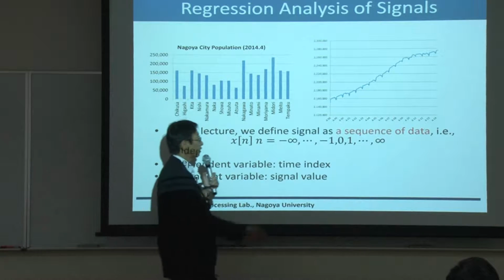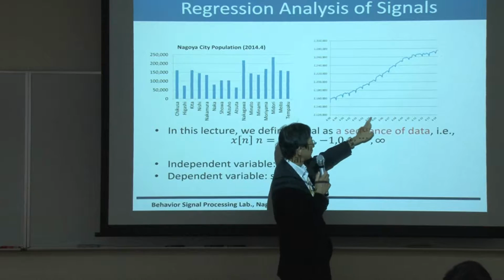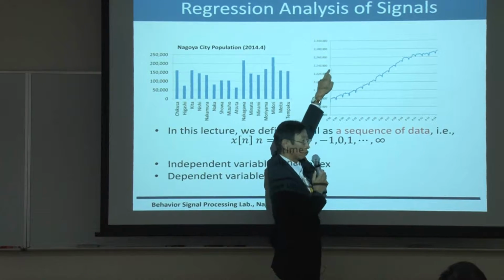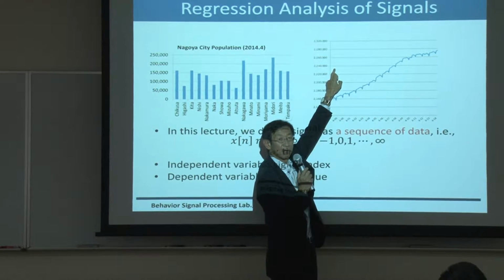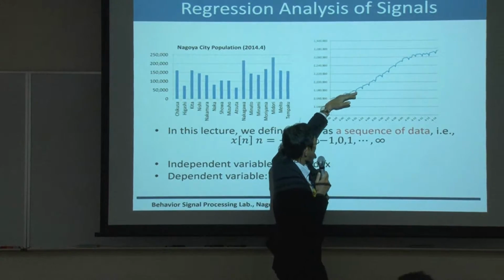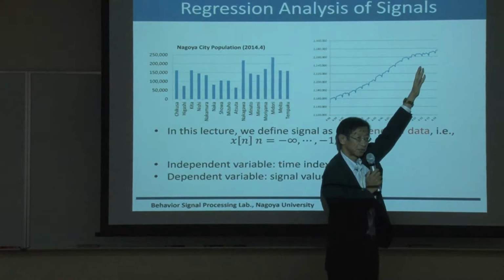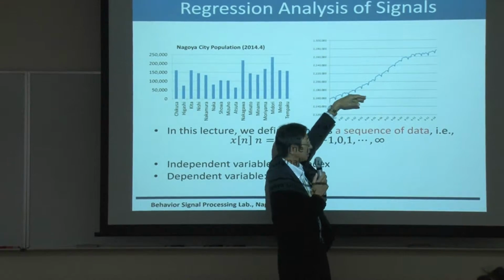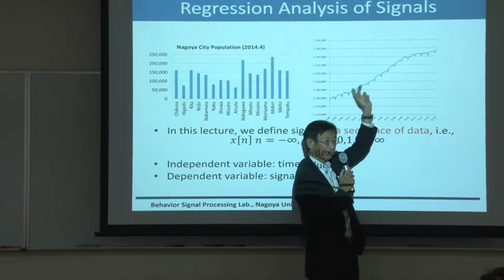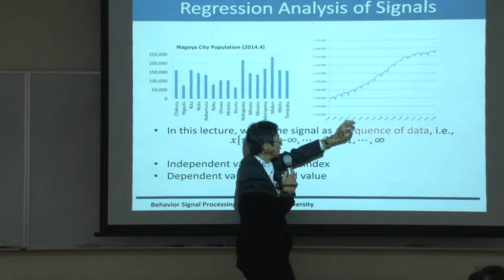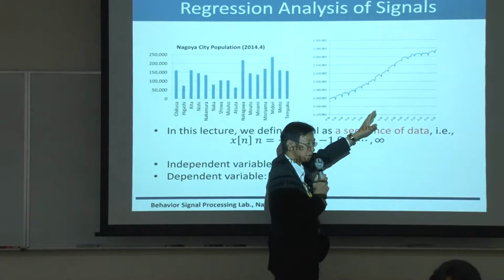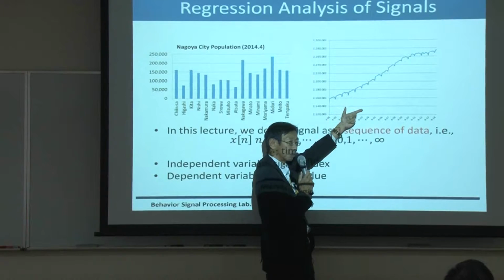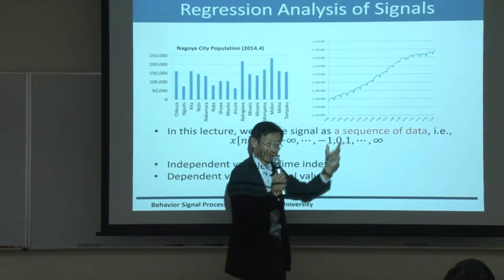Okay, we saw that the time and the population of Nagoya city are somehow proportional in this area at least, and the nature of the proportionality is linear. So if time goes, then the population increases, and the speed of the increase is somehow constant.